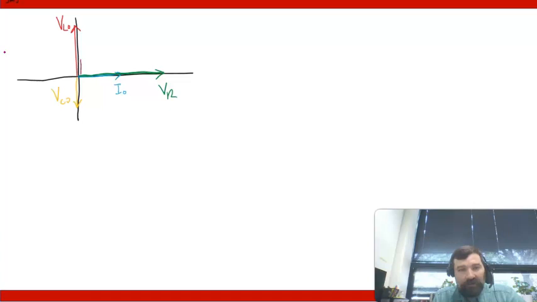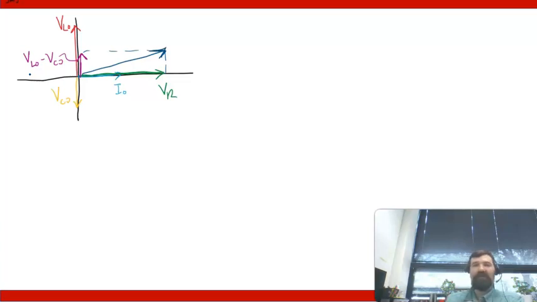So let's draw an arrow, offsetting it a little bit for visibility purposes. So this is VL minus VC. All right, that means that our overall power supply voltage, if you will, is this phasor right here. So this would be V, variously called V naught or VS naught.